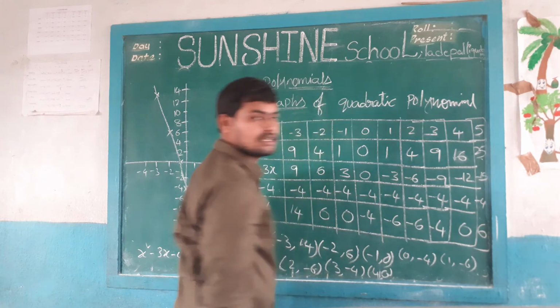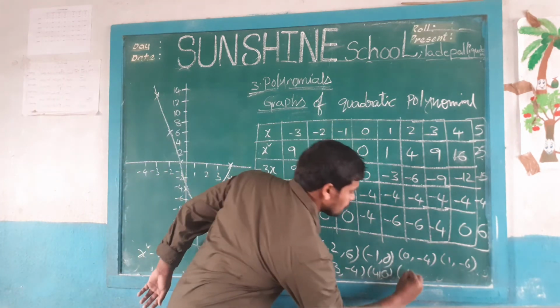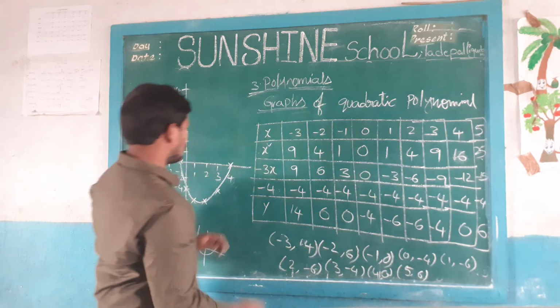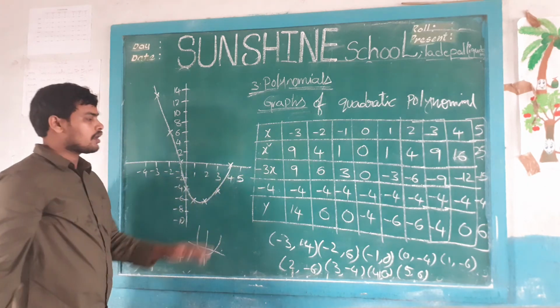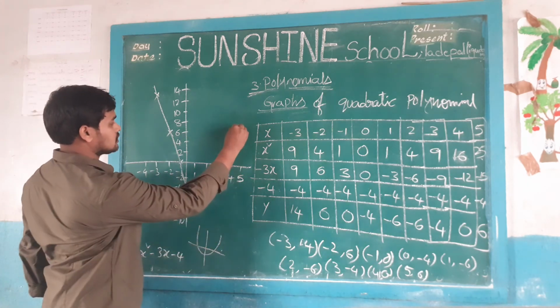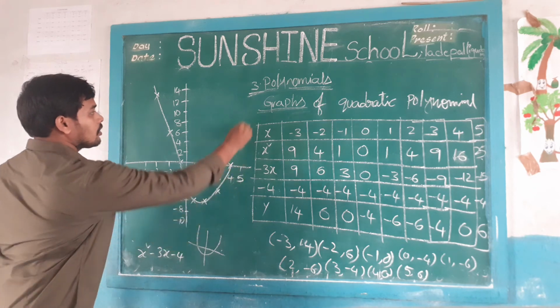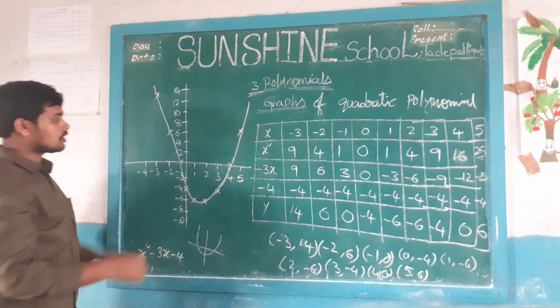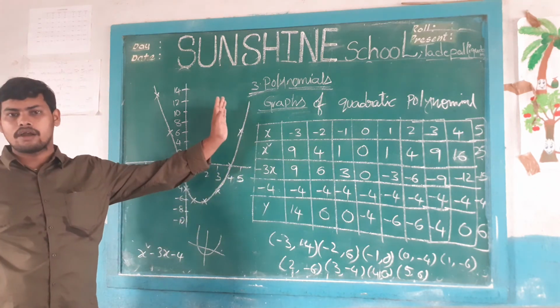So the point is 5 comma 6. Okay. So the graph is like this. It is in the form of an upward parabola.